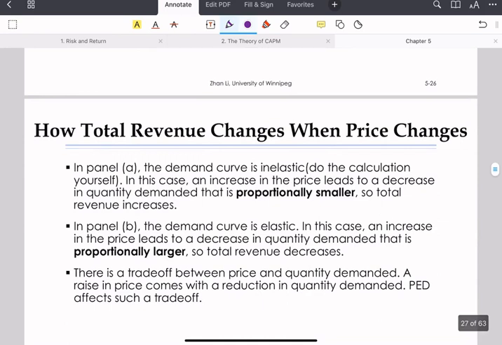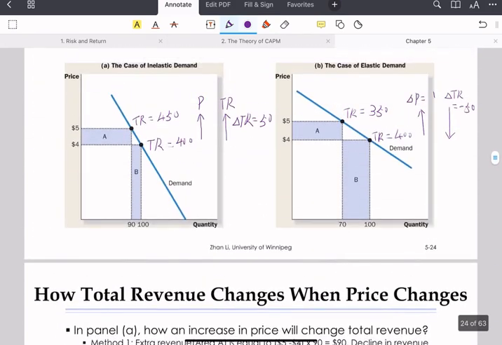So okay, maybe it's better for me to go back to this picture here. So why do we have this result? If you look at these colored rectangles, right? If you look at B and A, what you can see here is as you increase price, B, or the area of B, represents the loss, right?